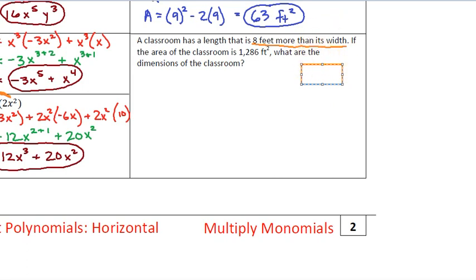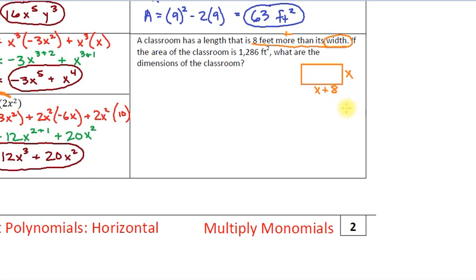And let's go ahead and write in here, we know that the length is 8 feet more than the width. That means if this is the width, and we represent that as x, here's our width, then the length is 8 feet more. More means add. So we're going to go ahead and say this must be x plus 8.